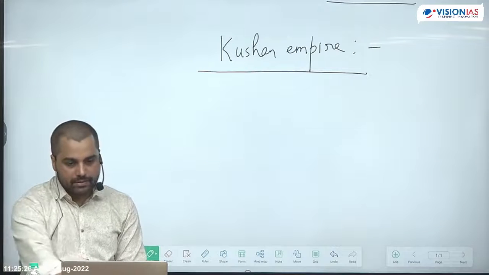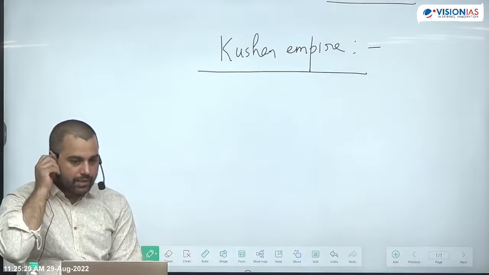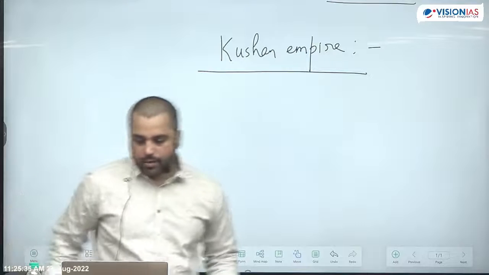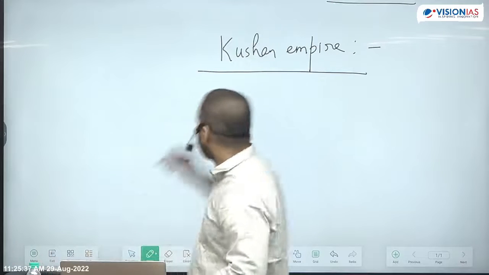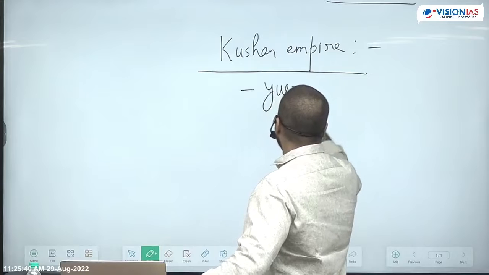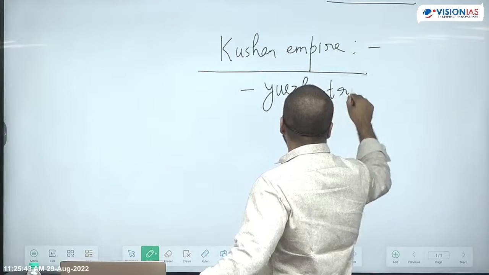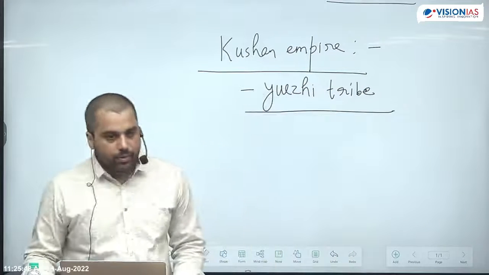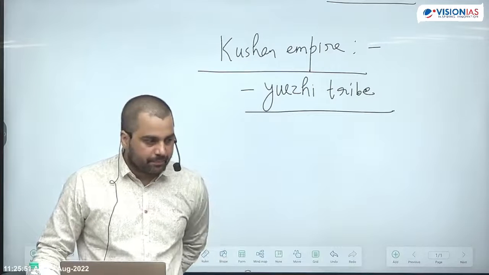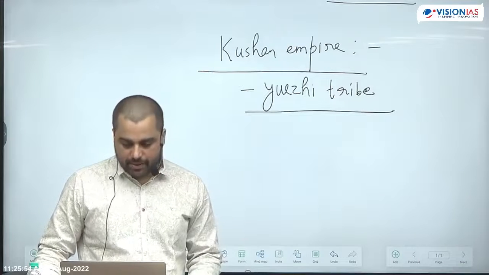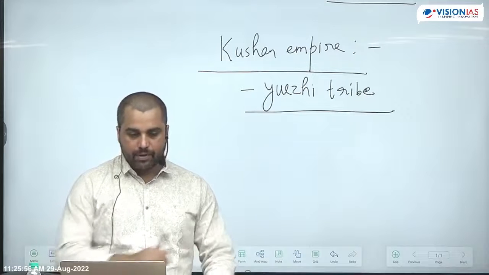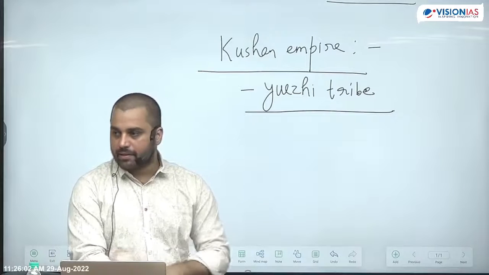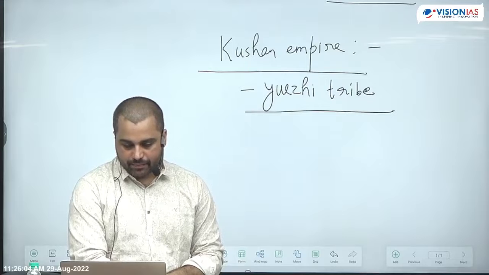So just write down a few things here. Kushanas belonged to the Yueji tribe, who lived in the Chinese frontier and Central Asia.